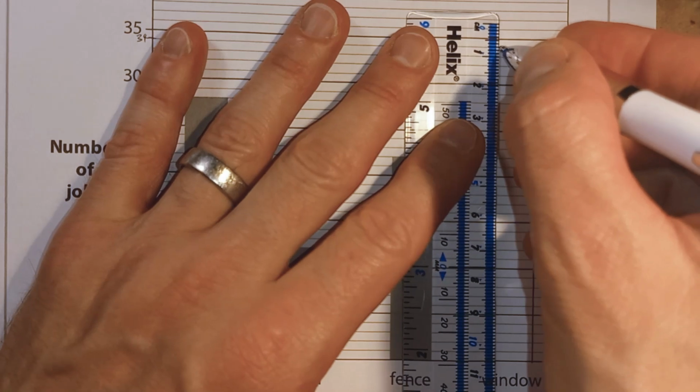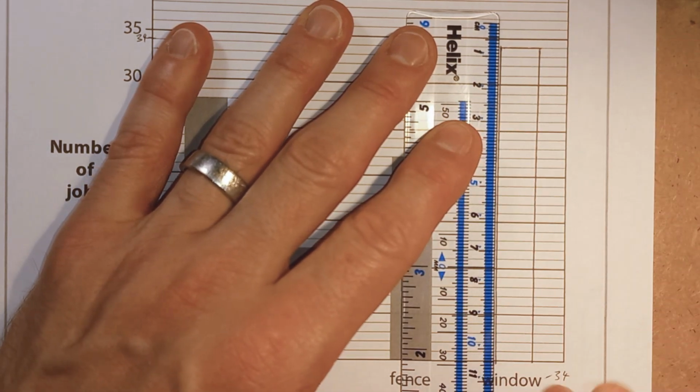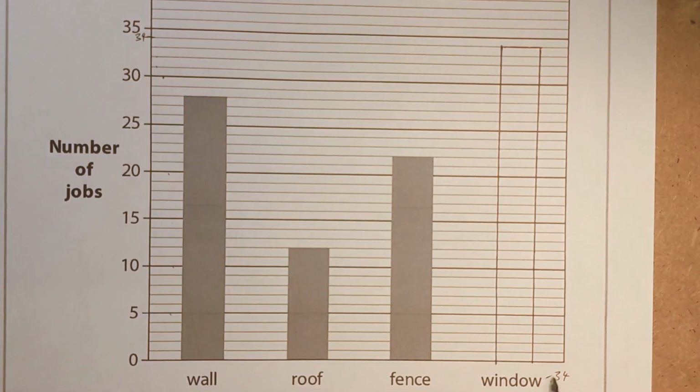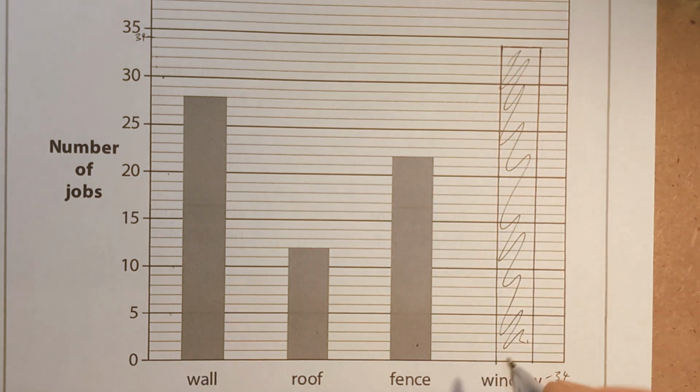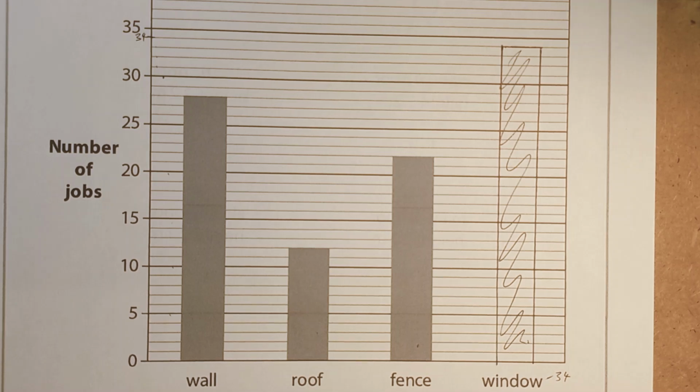You don't have to make your bar absolutely exact, but we want it to be roughly the same width as these other bars. Okay, and we don't have to colour it in, but if you want to do a little bit of shading, that's absolutely fine. I'd probably just leave it plain, but I've done it on here so you can see it a bit more clearly. So that's the end of the paper.